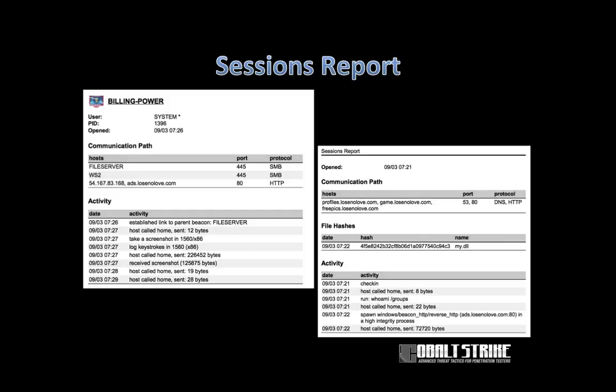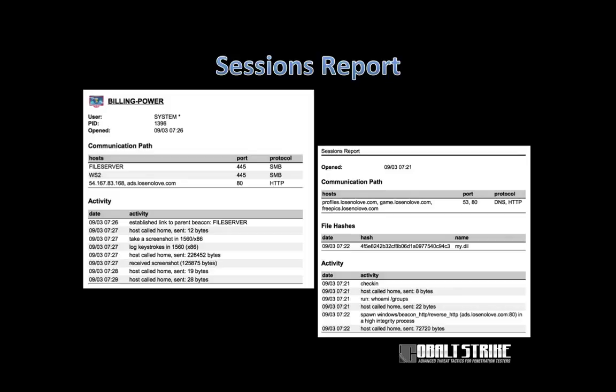The sessions report breaks down each beacon session by communication path, so you can actually see the path an individual beacon took to get to the internet. This is really important because Cobalt-Strike 3 enables very complex pivoting by chaining beacons together over named pipes.